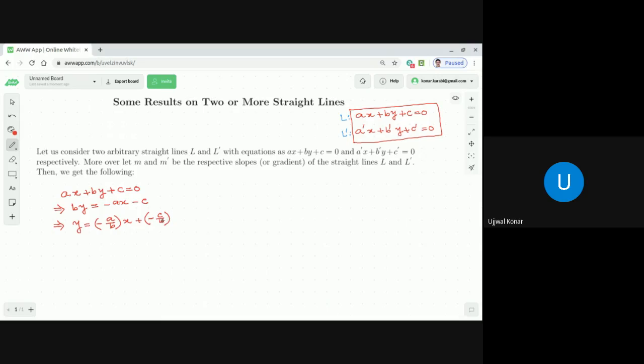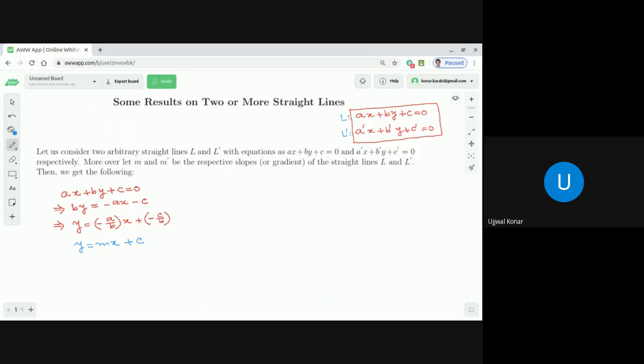Now if you make an analogy of this equation with the slope-intercept form y equal to mx plus c, we can say that m is nothing but minus a by b, correct? And the y-intercept is minus c by b.